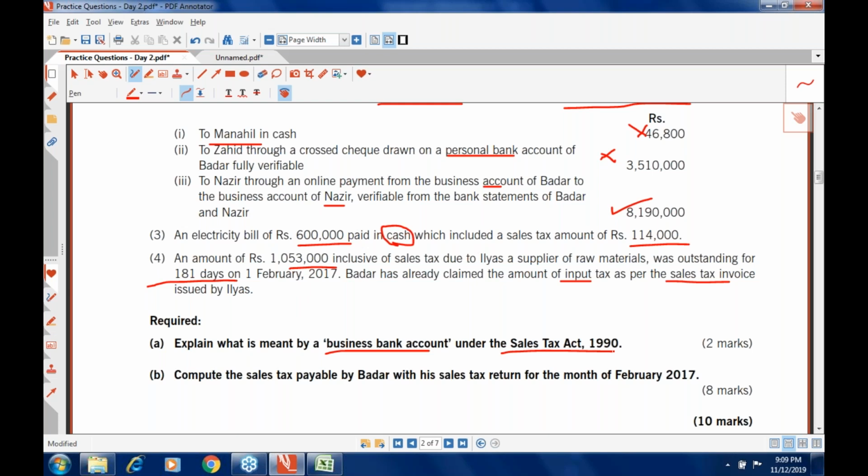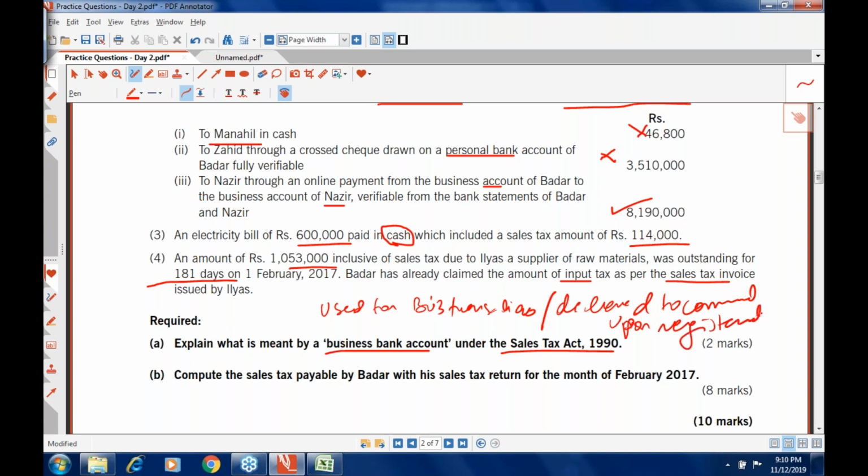When we talk about the business bank account, this means an account which is used for business transactions and in addition, it is declared to the commissioner upon registration.